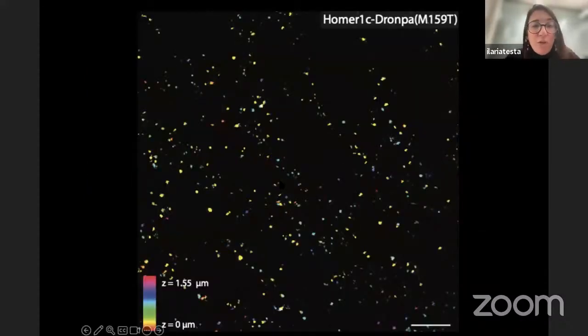For those of you that are more into biology, here we have labeled Homer, which is a postsynaptic density protein in neurons, and we have applied our 3D imaging method. What you see color-coded are the different axial positions. That's nice because, for example, here green and violet are two points facing each other, which in the projection image you would say, oh, these are two synaptic sites.